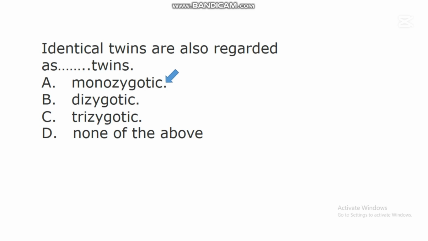Identical twins are also regarded as monozygotic twins because they are formed from one zygote that split into two before developing into an embryo. So all identical twins are also regarded as monozygotic twins.